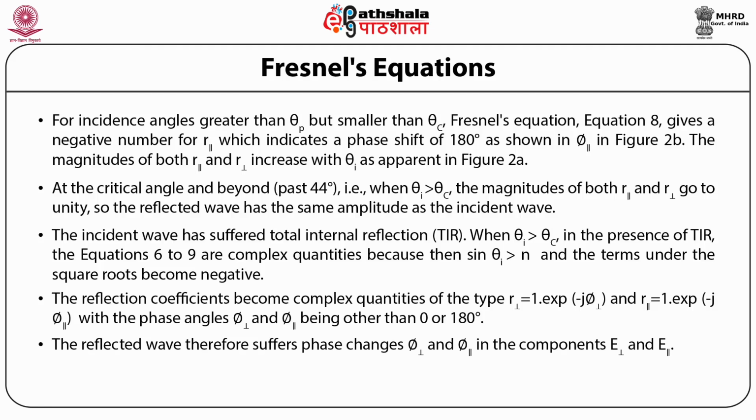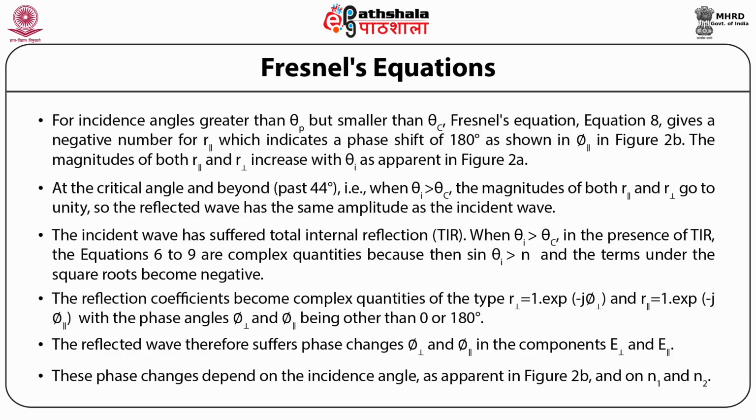The reflected wave therefore suffers phase changes phi perpendicular and phi parallel in the components E perpendicular and E parallel. These phase changes depend on the incidence angle, as apparent in figure 2b, and on n1 and n2.